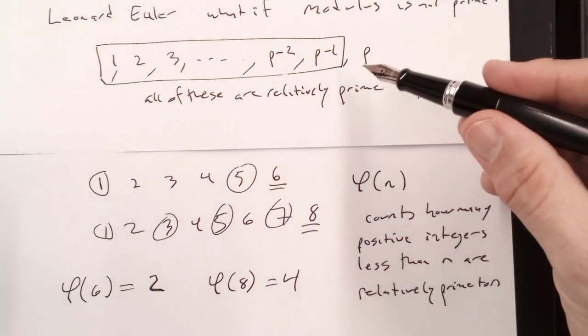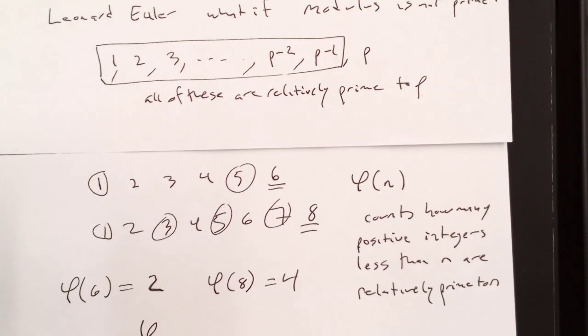And this one up here shows that phi of p for any prime number is p minus 1.